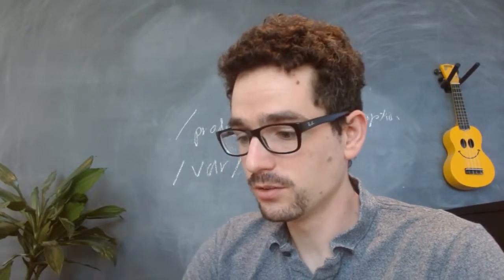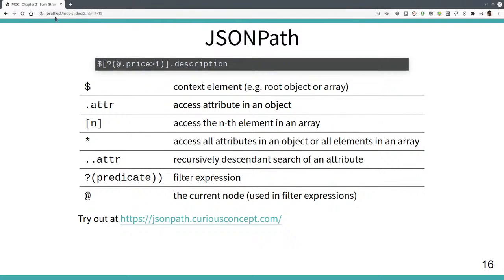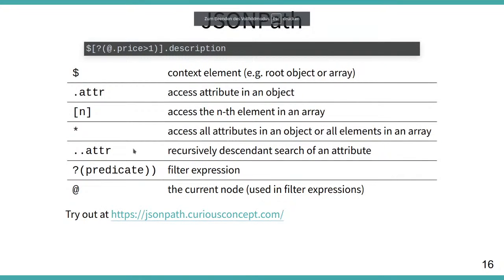Now in JSONPath we don't use the /. So / is also used in URLs. So here localhost / mdc slides / and so on. That's also using the / notation.